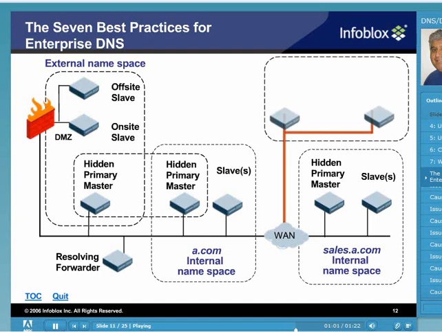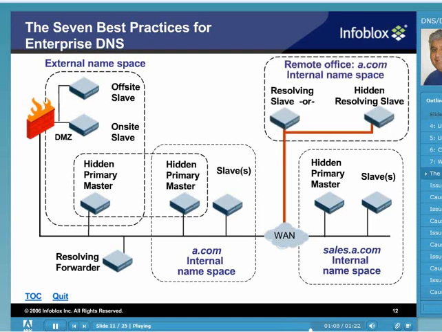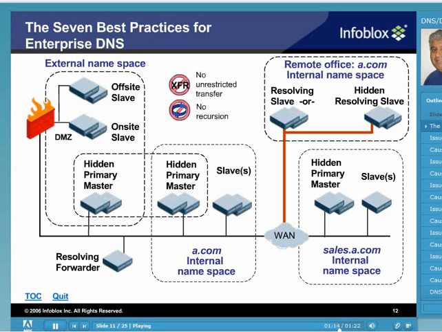To really improve the uptime of a network as a whole, we talked about identifying servers which are mission critical and deploying high availability technologies. Throughout most of these slides, we noted that you should configure these servers not to allow unrestricted transfers or recursive queries.